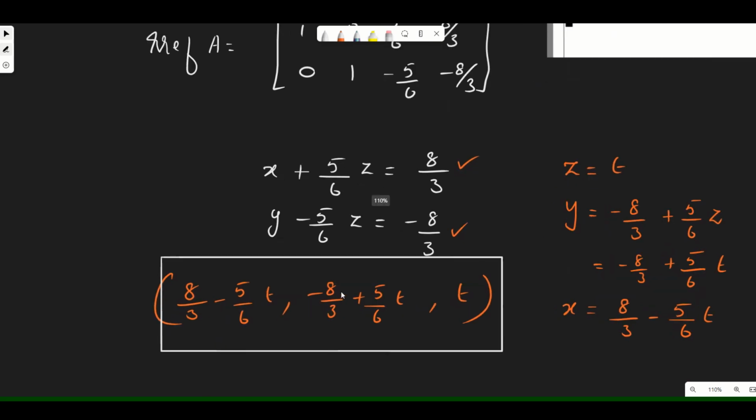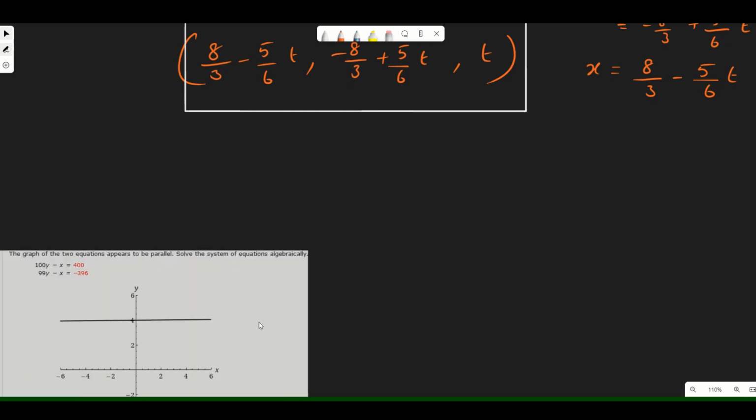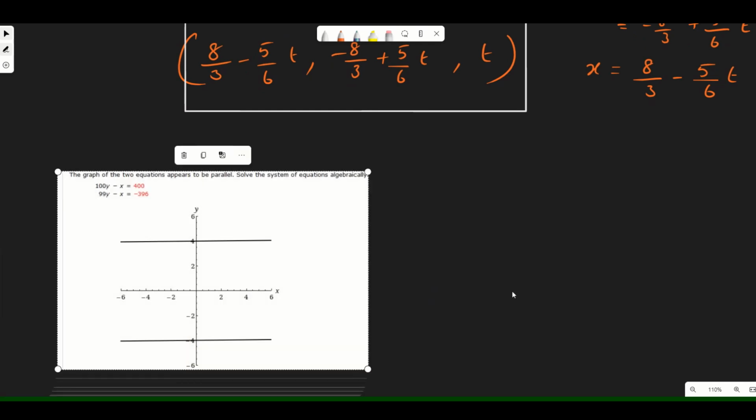So you have to have a parameter. Start from the parameter t always. If there are two unknowns, then maybe you will have the second one as s. But here I have a t, and with respect to t, you can rewrite the values of y and x. So the same way you can try the other questions.